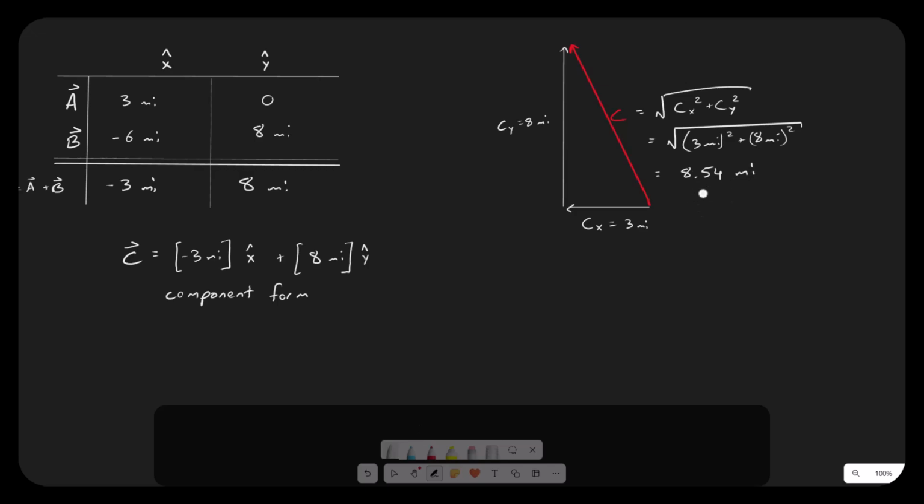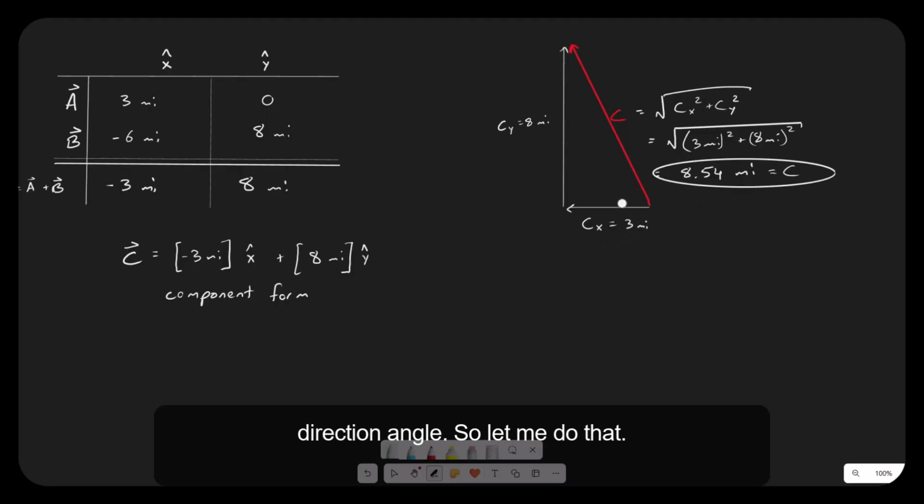I have what my diagonal is, but then I'm also going to need a direction, an angle. So let me do that.